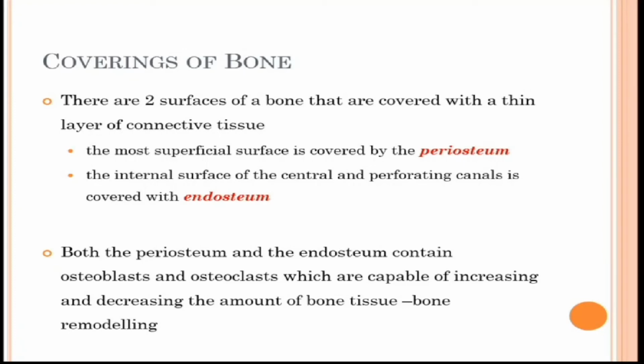Right? Both periosteum and endosteum contain osteoblasts and osteoclasts, which are capable of increasing and decreasing the amount of the bone tissue, which is called bone remodeling. So these are the surfaces which have all those materials to produce new bone, and also have the specific type of cells which have the ability to produce new bone or dissolve the older bones.